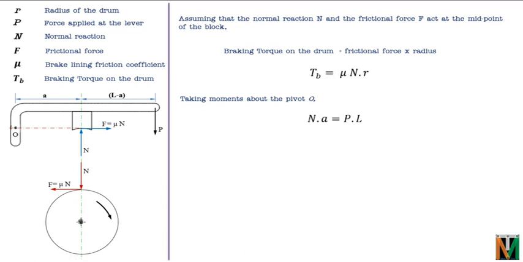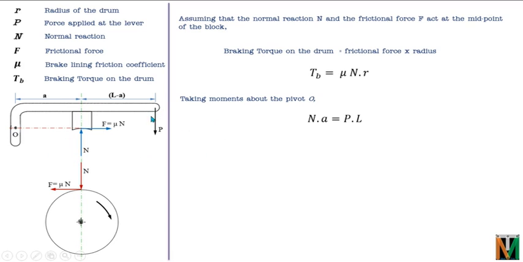So N into A. Next, since F is passing through the fulcrum point, the moment of F will be 0, as the distance of the line of action of force F from the fulcrum point is 0. Next we have P. P will rotate the lever in the clockwise direction about the fulcrum point.